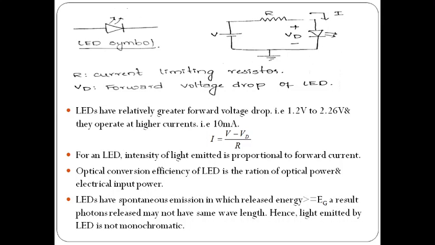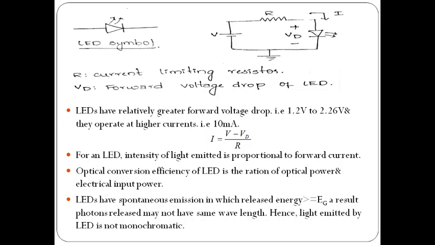You can observe the symbol of the LED. It looks like a normal PN diode, but it emits light. The arrow marks on top pointing outward indicate the light emission, and it is connected in forward bias. When it is connected in forward bias, holes move from the p region to the n region and electrons move from the n region to the p region.